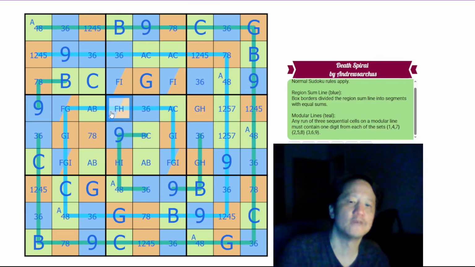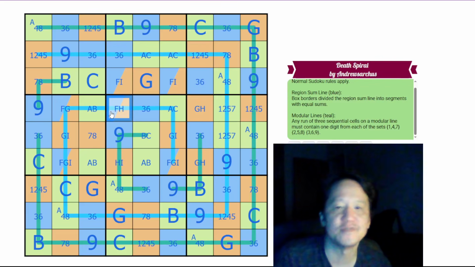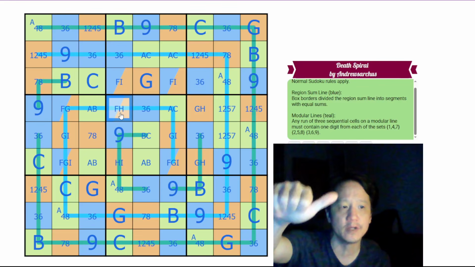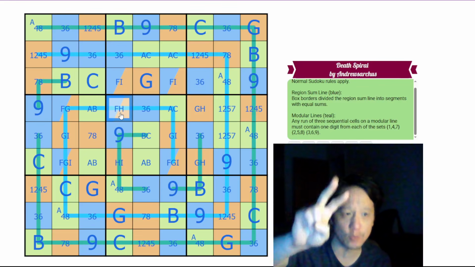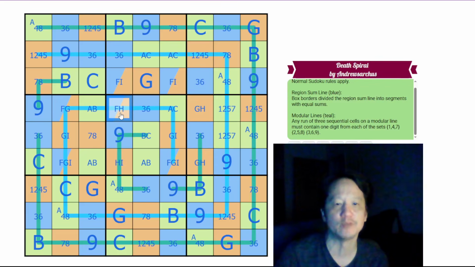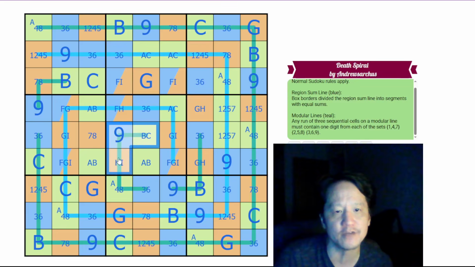So H can never be here. Because if H is here, H is guaranteed to be 7 or 8, but again, we can't have two add up to the sum. It must be 1, 2, 3, 4, 6, or 1, 2, 3, 5, 6. Because we cannot have, we have one of each set here.